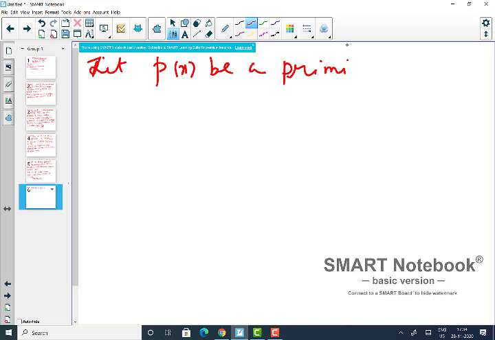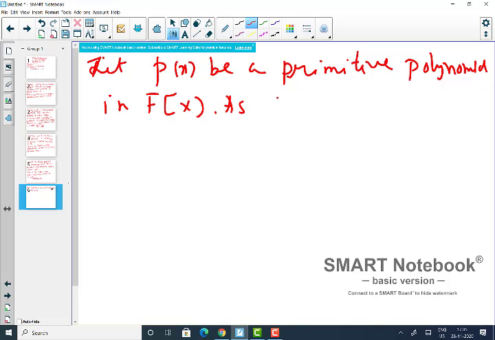Monic polynomials are always primitive, but primitive polynomials may not be monic. So a primitive polynomial in F[x].